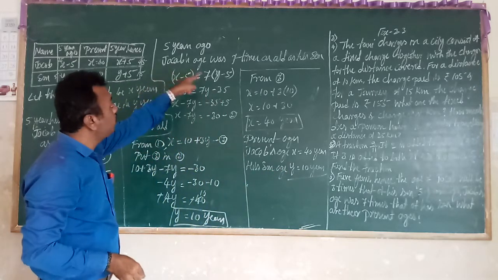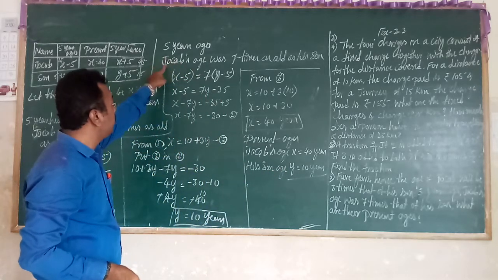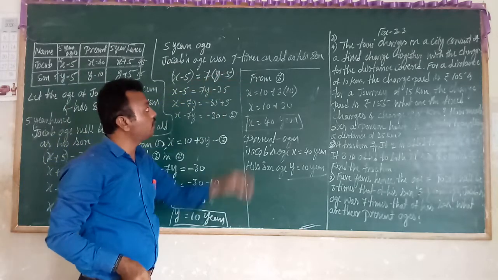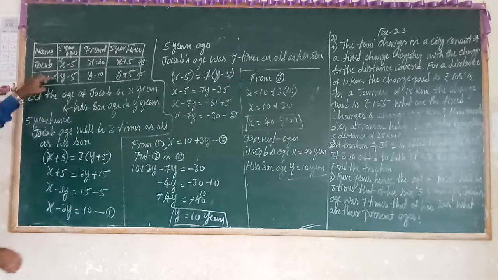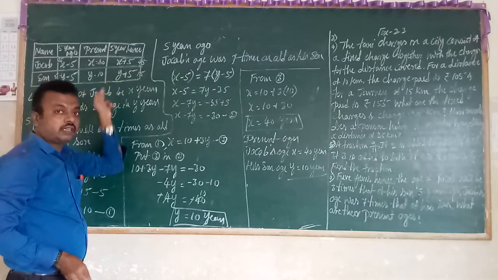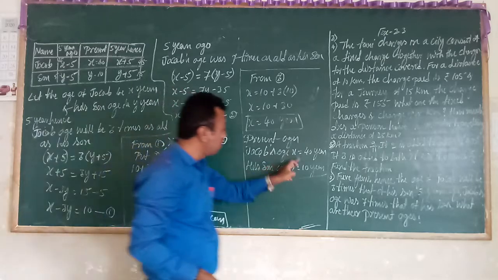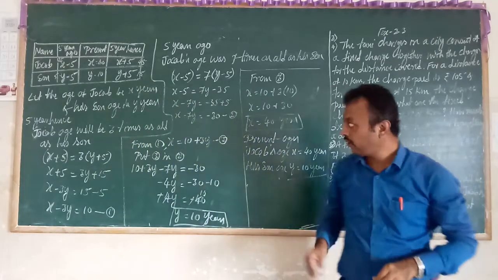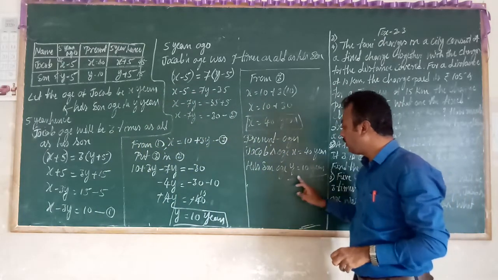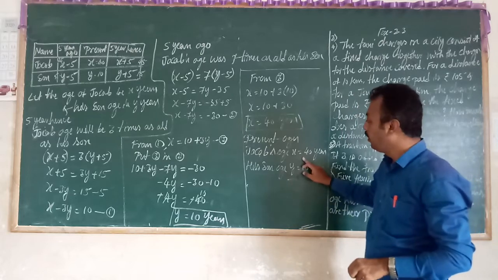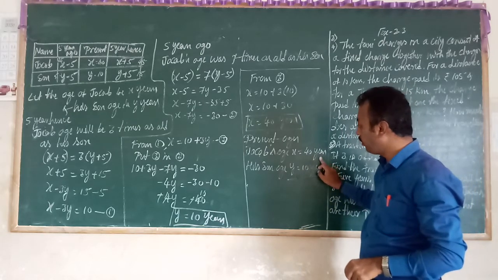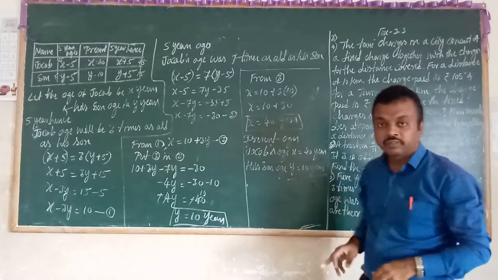Yes. 7 times 5 is 35. Here 7 times, earlier 3 times. So the ages are correct. Therefore x is 40 years: Jacob's age is 40 years and his son's age is 10 years.